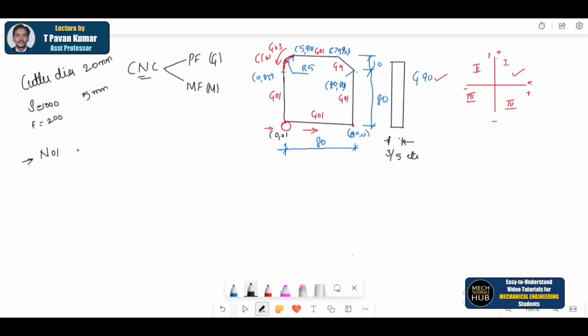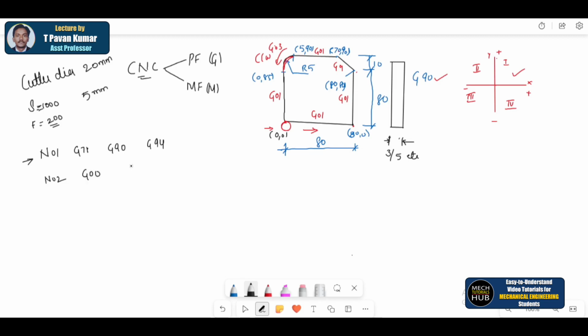Initially I can write G71, which is the metric system, followed by a space, G90, the absolute command, and G94, which is for feed rate, 200 millimeter per minute. Then the second block, I'll start with N02 followed by G00.